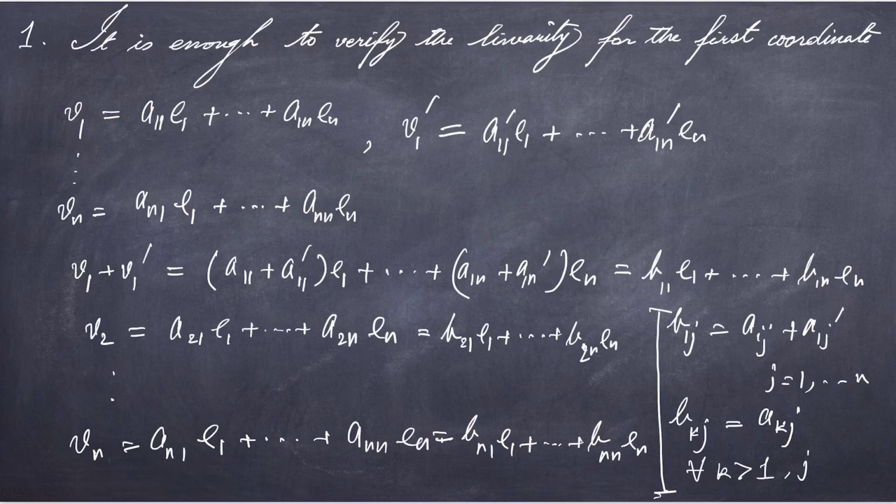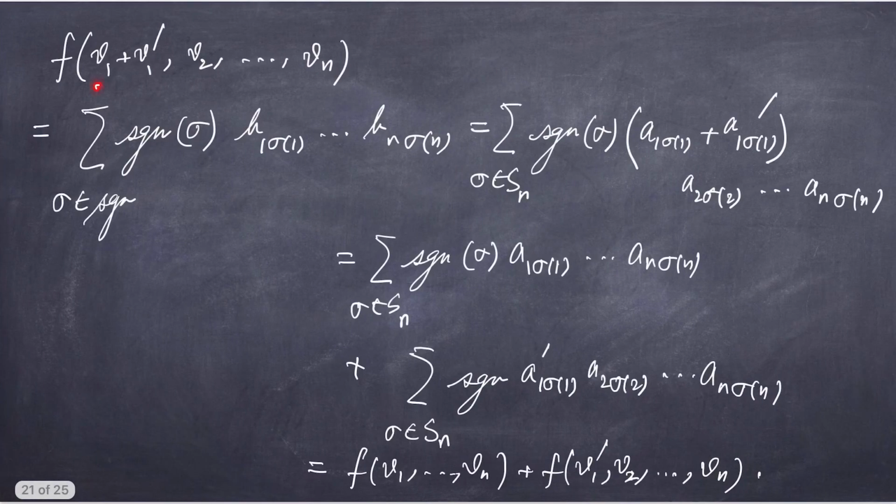for convenience, we will first relabel all the coefficients by this bij. So b11 up to b1n are precisely this, and for v2 up to vn, bkj equals akj when k is bigger than 1. So now we see that f(v1 plus v1 prime, v2, ..., vn) is nothing but this. Now we substitute the values for bij.